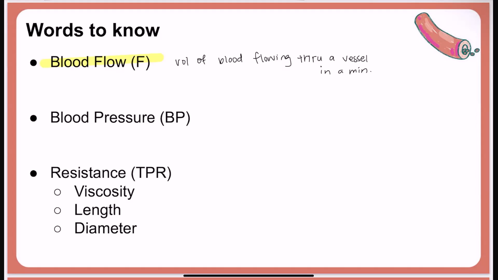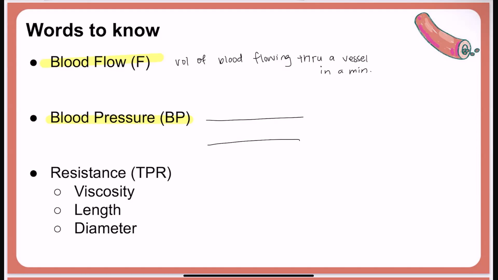The next new word that we're learning is blood pressure. Blood pressure is like if I were to draw a vessel, like a blood vessel. So there's my blood vessel. Blood pressure is the pressure that fluid pushes on those walls.